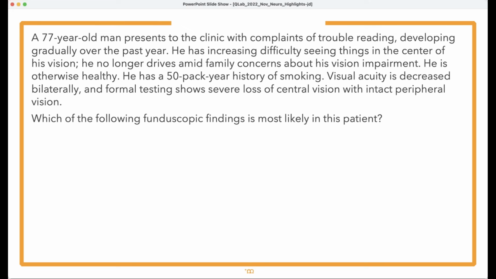He is otherwise healthy. He has a 50-pack-year history of smoking. Visual acuity is decreased bilaterally, and formal testing shows severe loss of central vision with intact peripheral vision. Which of the following fundoscopic findings is most likely in this patient?